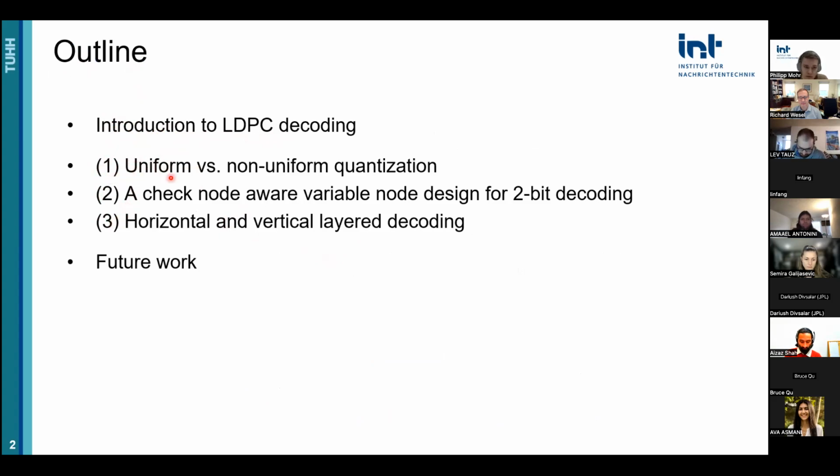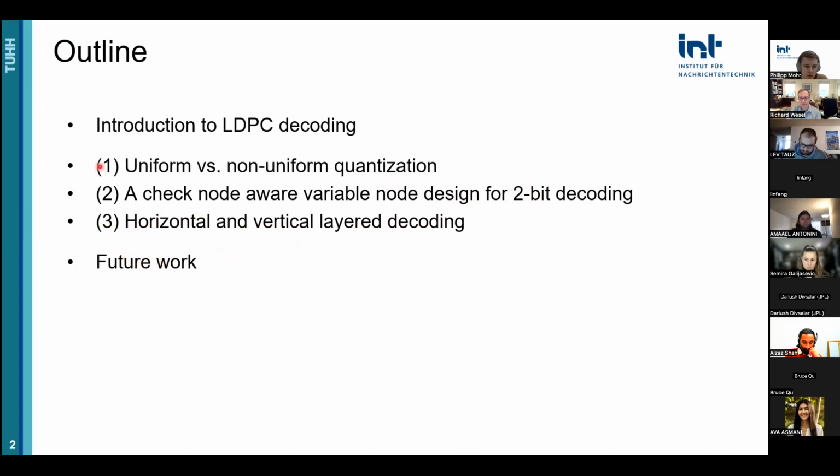First, I will start with the uniform versus non-uniform quantization topic, followed by a check node aware variable node design for 2-bit LDPC decoding. And we finish with horizontal and vertical layer decoding and their opportunities. And finally, I give a glimpse on future work.